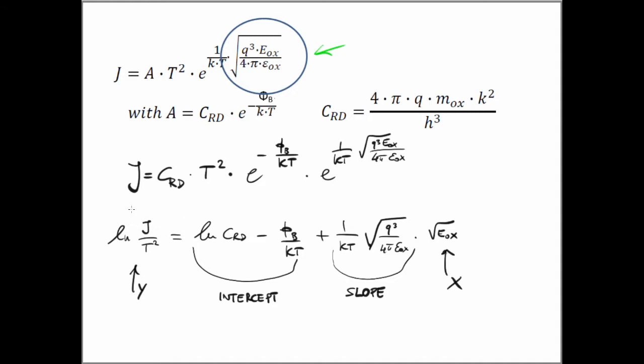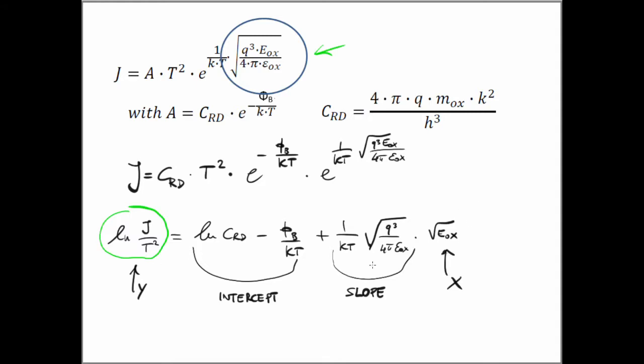What we should realize is that if we consider the quantity ln J over T squared, then on the right hand side we can write the remaining terms as a constant, the intercept, that does not depend on the bias but depends on the temperature, plus a constant that depends on temperature and the dielectric constant of the semiconductor, whatever the material, times our variable, the electric field.